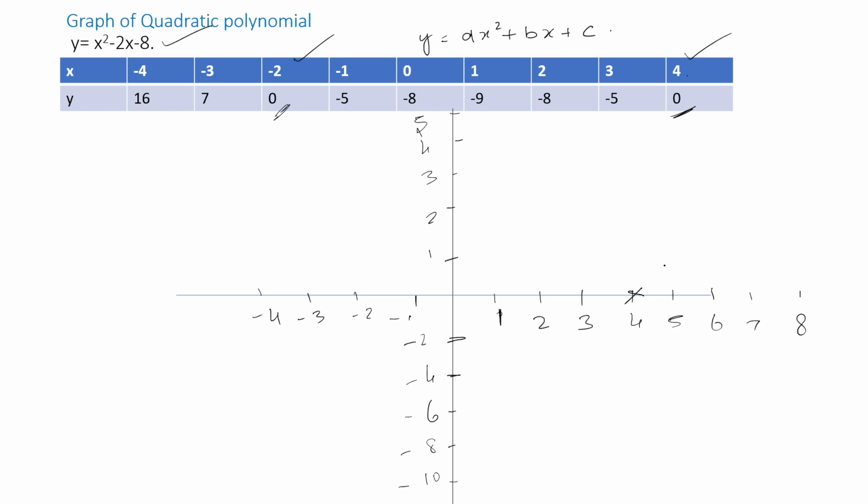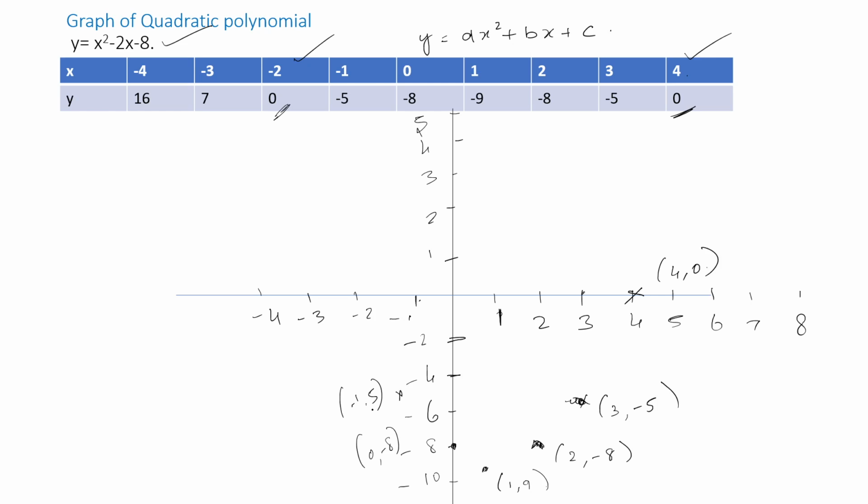So this is the point over here, 4, 0, and 3, minus 5, somewhere around here. Then 2, minus 8, here, and then 1, minus 9, and 0, minus 8. Then minus 1, minus 5, somewhere over here.